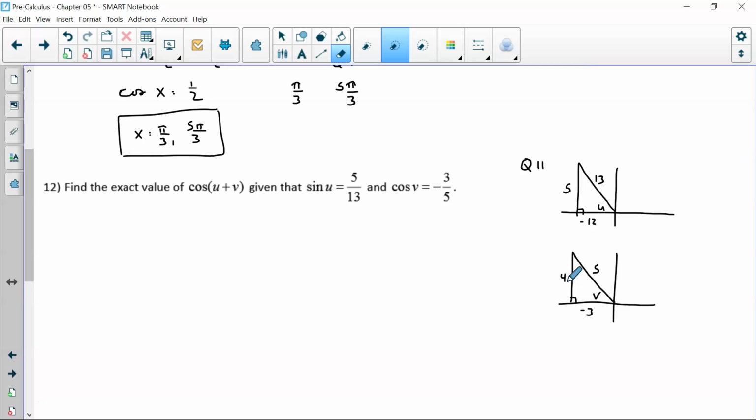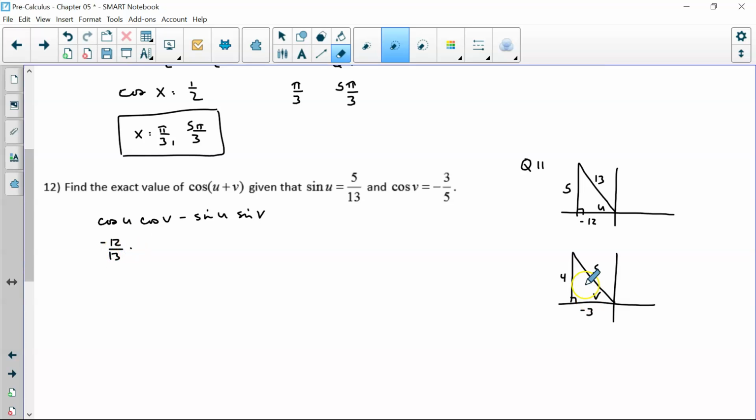So now we're asked to find the exact value of the cosine of u plus v. Using our sum and difference formula, that's the cosine of u, cosine of v, minus the sine of u times the sine of v. Now, in the triangle where u is the angle, the cosine is adjacent over hypotenuse, that's negative 12 over 13.